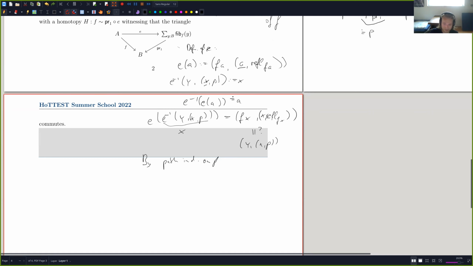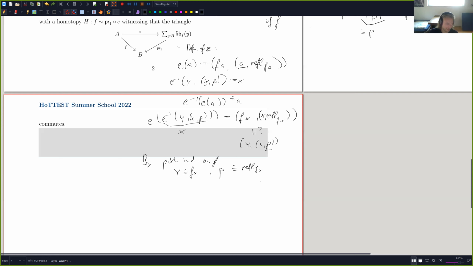Okay, so if we contract p to reflexivity, then we may assume that y is judgmentally equal to F x, and p is reflexivity at F x.